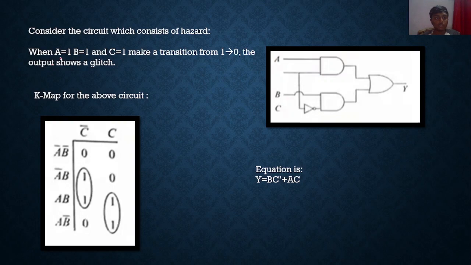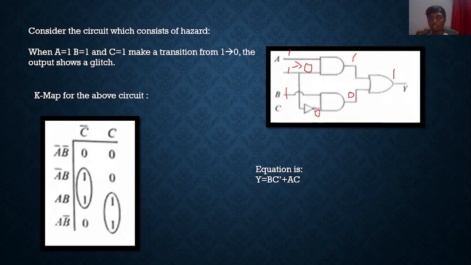Let us consider A is equal to 1, B is equal to 1, and C is equal to 1. Let us see how the hazard is occurring in the circuit. A AND 1 and 1 is 1. C is transitioning from 1 to 0, and here at the NOT gate it should become 1.